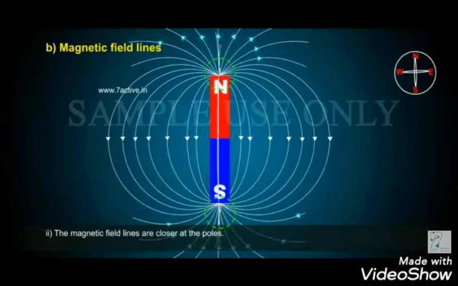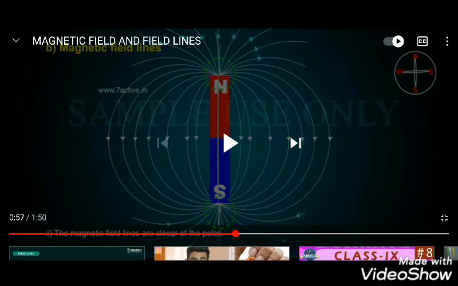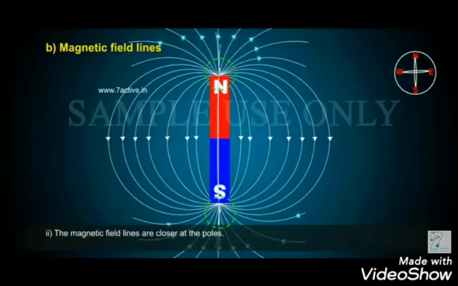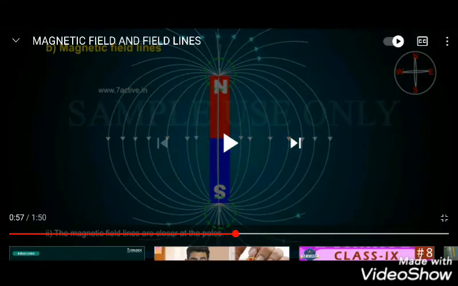The magnetic field around a bar magnet can be detected by sprinkling iron filings around the bar magnet, children. If you sprinkle the iron filings, you can observe the pattern of magnetic field lines. Or you can follow another method, that is by moving a magnetic compass around the bar magnet, we can detect the field lines.